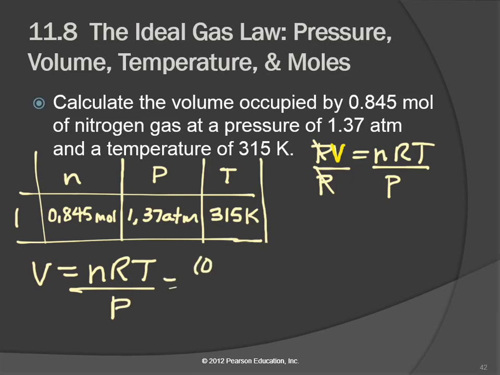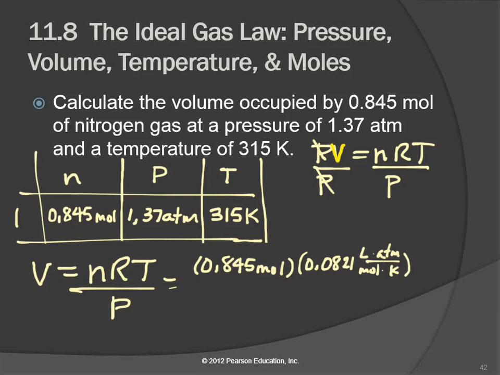So n is 0.845 moles. R, oh yeah, that was on that previous slide. You might end up memorizing it because you're going to use it a lot. 0.0821 liter atmospheres per mole Kelvin.